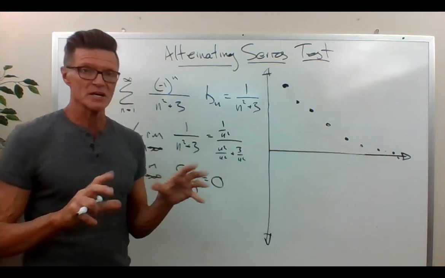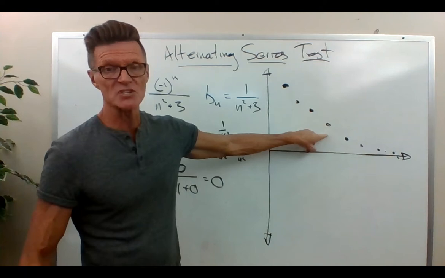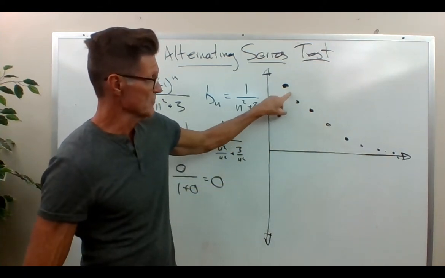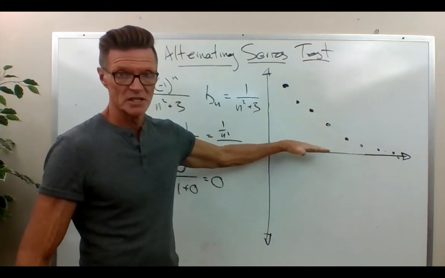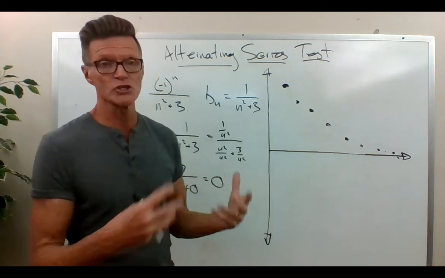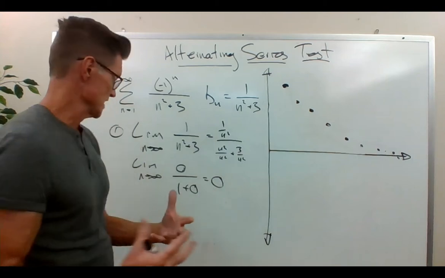The second part is we need to show that every successive term is smaller than the term before it. Because you can see this is true here. Every successive term in the sequence is smaller than the one before it. And so we have to show that that is also true. And we've done that a few times in this class as well.